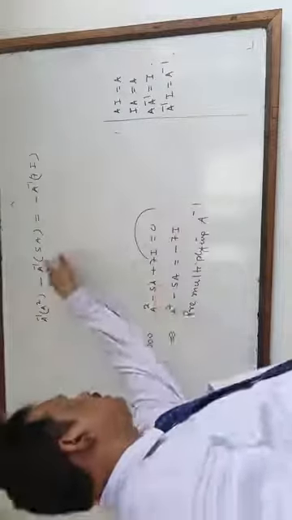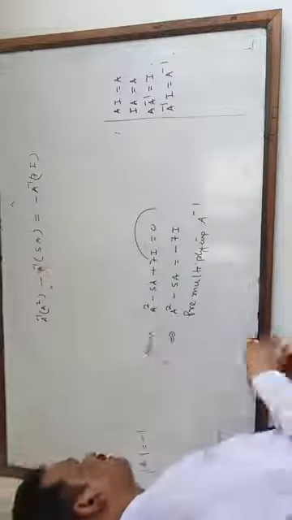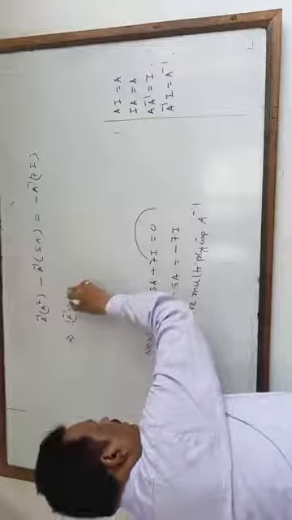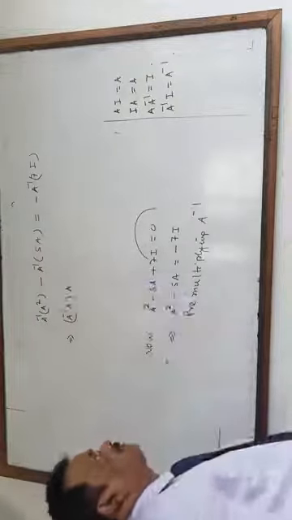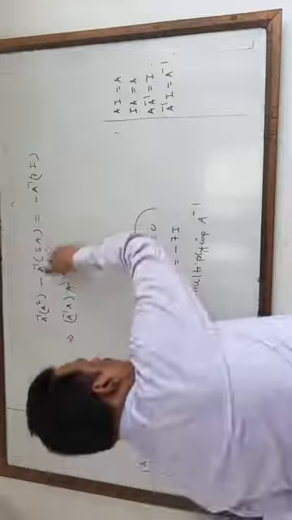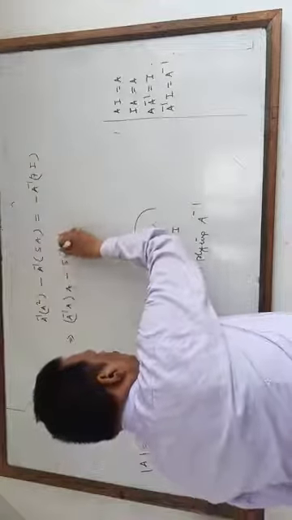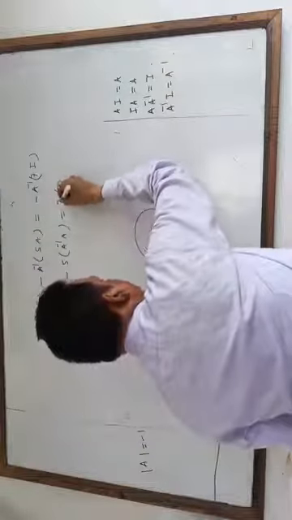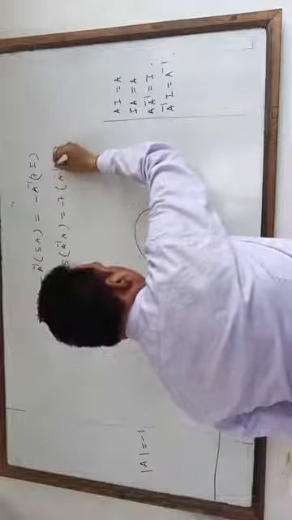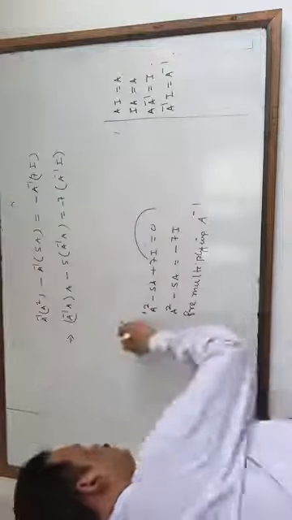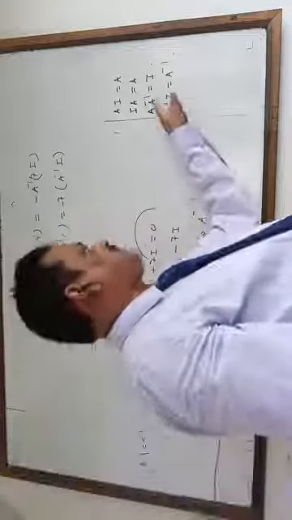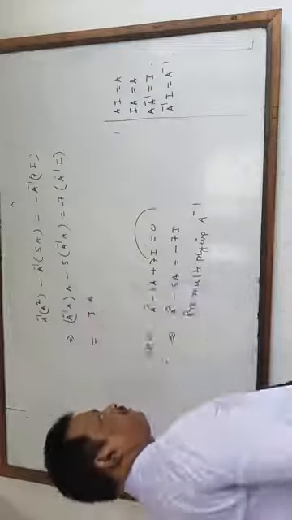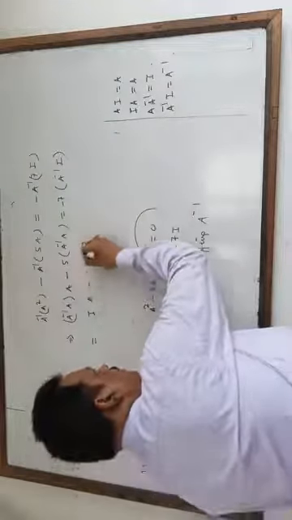Pre-multiply A inverse. Now we will split this. That will be A inverse A means 1A, you bring here, keep 1A here. Then minus 5 you take out A inverse A. Then 7 you take out A inverse I. Okay, A inverse A is I. This is I A minus 5I.